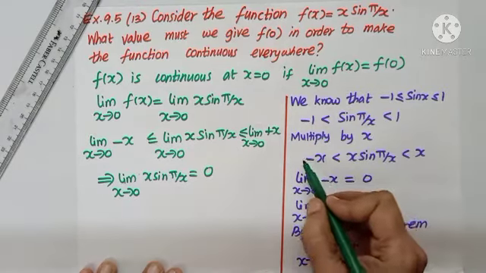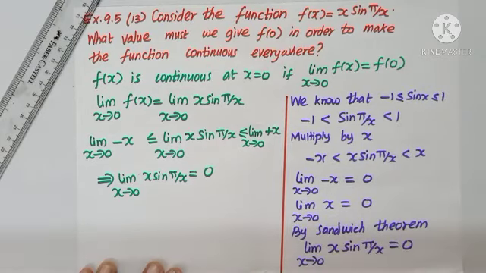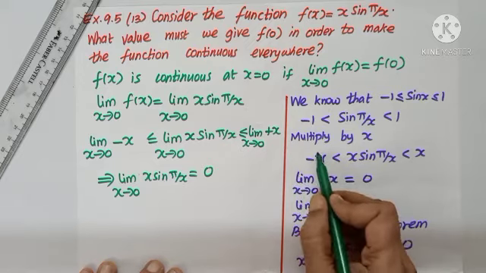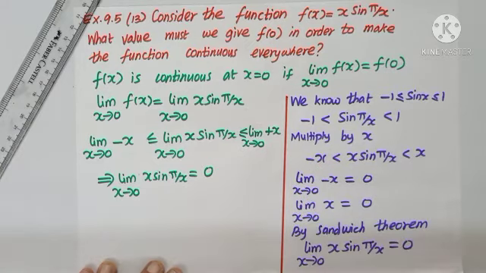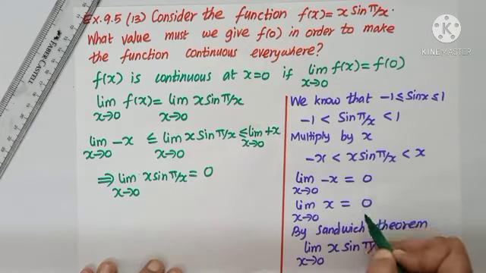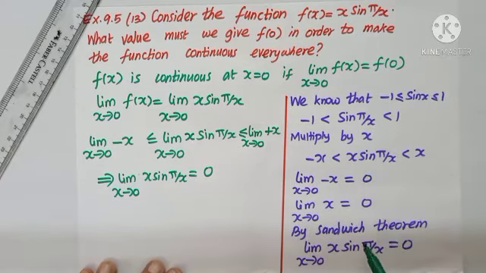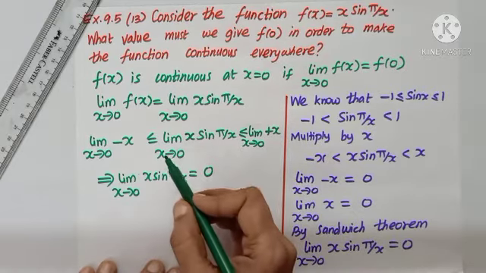So, taking limit x tends to 0 for all the 3. When x tends to 0, minus x becomes 0, plus x also becomes 0. When these two limits tend to 0, the middle function also tends to 0 using the sandwich theorem.